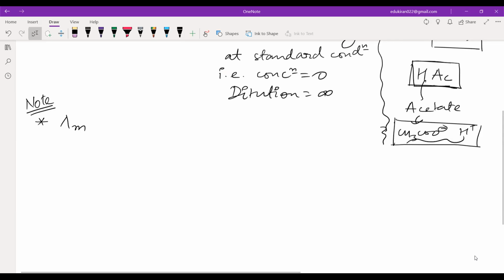Lambda M, that is molar conductivity at some concentration, can be determined experimentally.